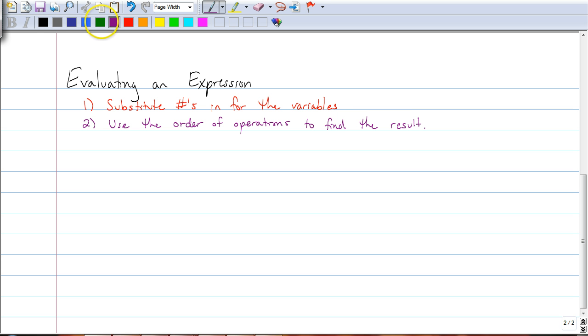Let's say I have the expression f plus 3 times d times e, and I want to evaluate that expression when d equals 5, e equals 3, and f equals negative 2.